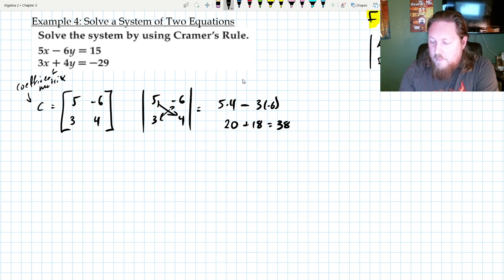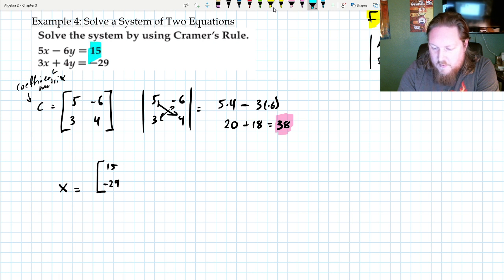I'm going to keep that number in my back pocket, because I'm going to need it in a second. Now I want to solve for x. The way I solve for x is I take the coefficient matrix, but instead of writing 5 and 3 in it, I'm going to write 15 and -29.